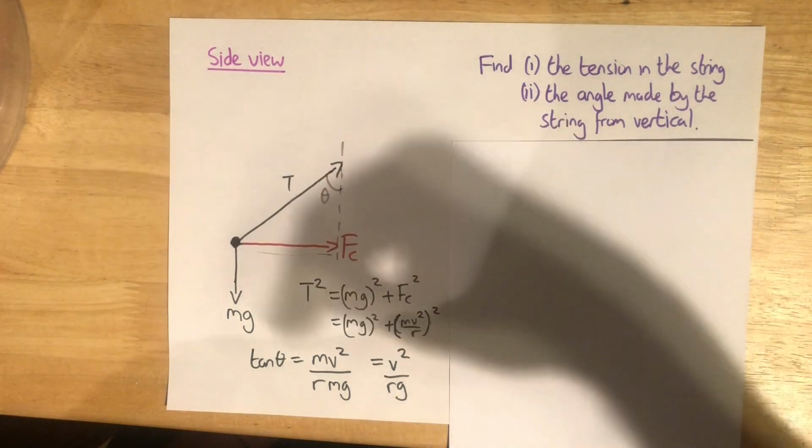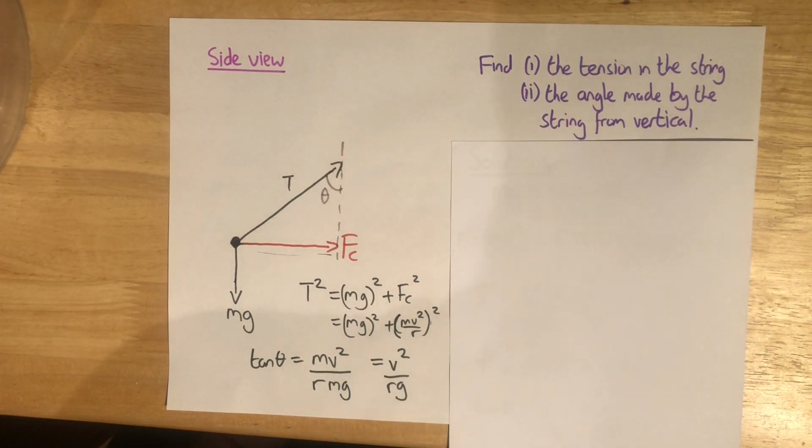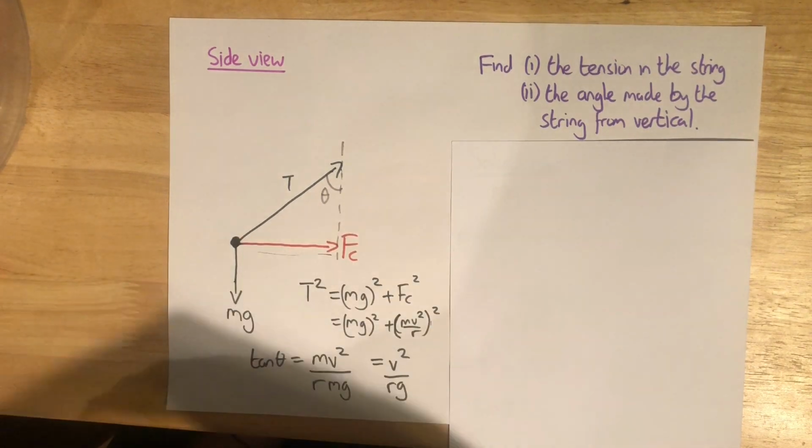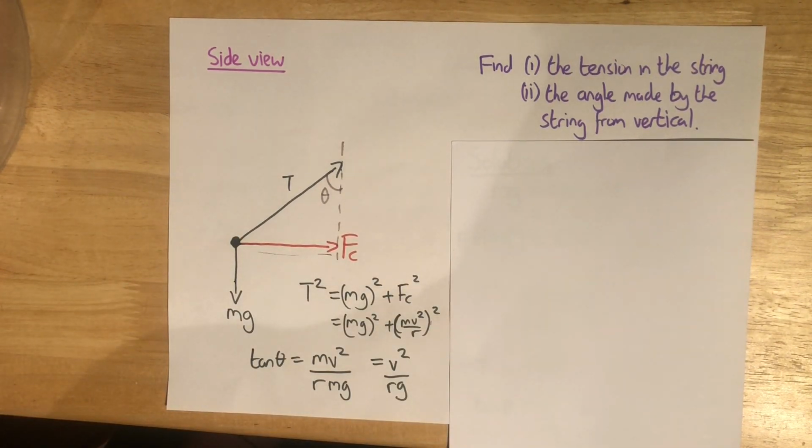It's actually theoretically totally impossible to get a situation where it would be circling in a completely flat plane in this scenario, because there's always some weight, so there's always got to be a component of the tension upwards as well. But the circular path, remember, always is in a horizontal plane.